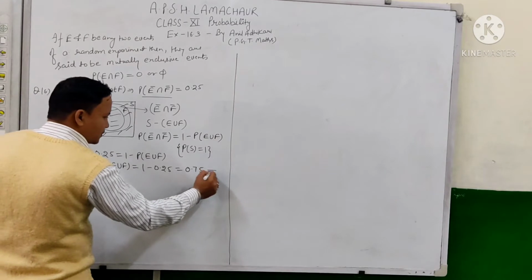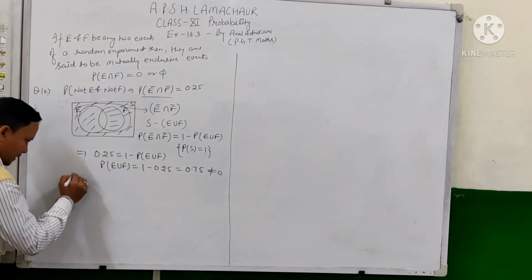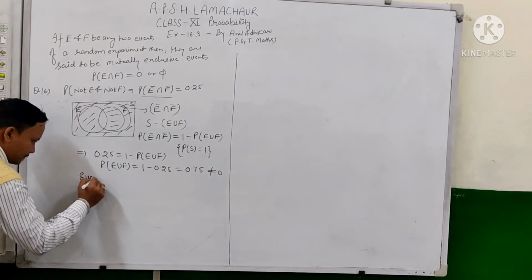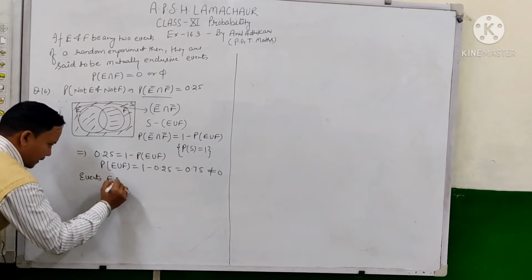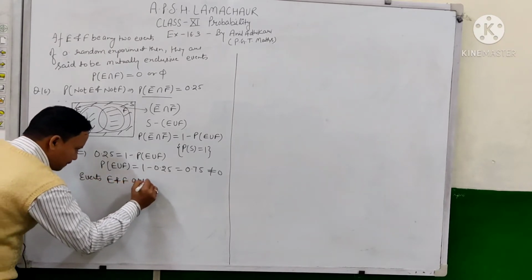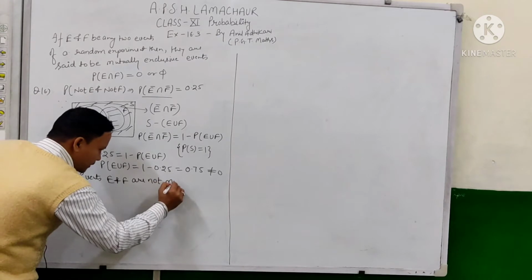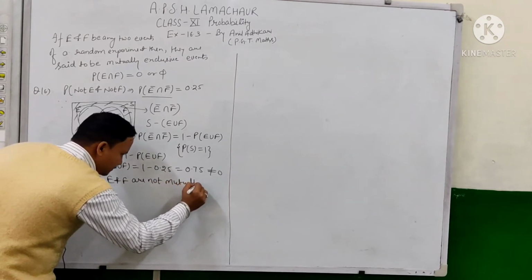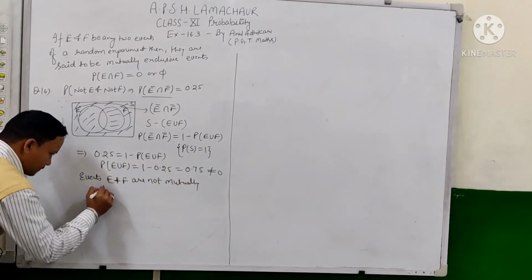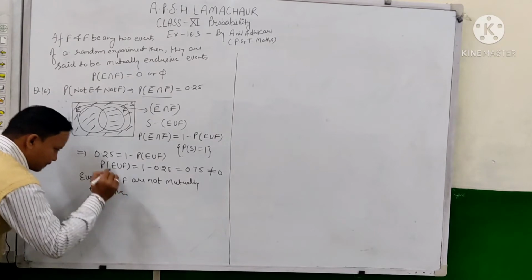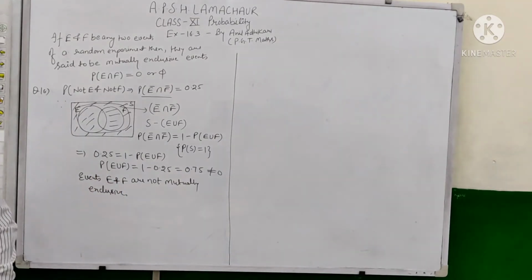This is not equal to 0. So we can say that events E and F are not mutually exclusive here.